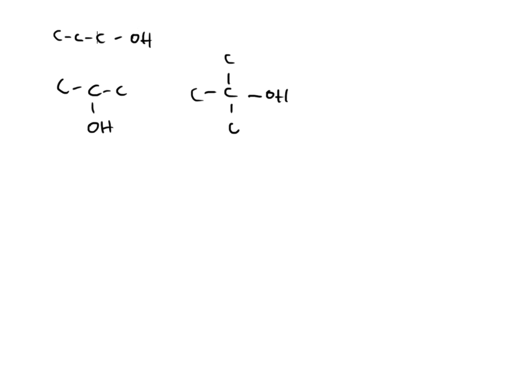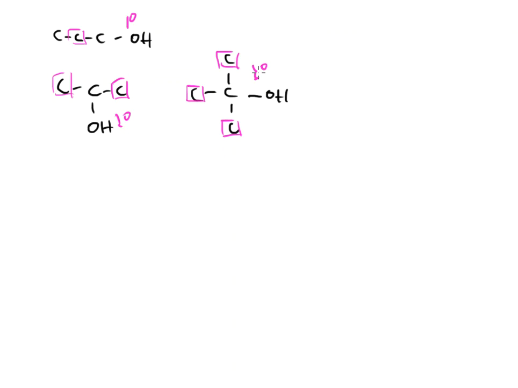The OH group on a carbon that's attached to only one other, this is called a primary. The OH group on the carbon that's attached to two others, this is called a secondary, go figure. And the OH group on a carbon that's attached to three others, guess what? This is a tertiary carbon.